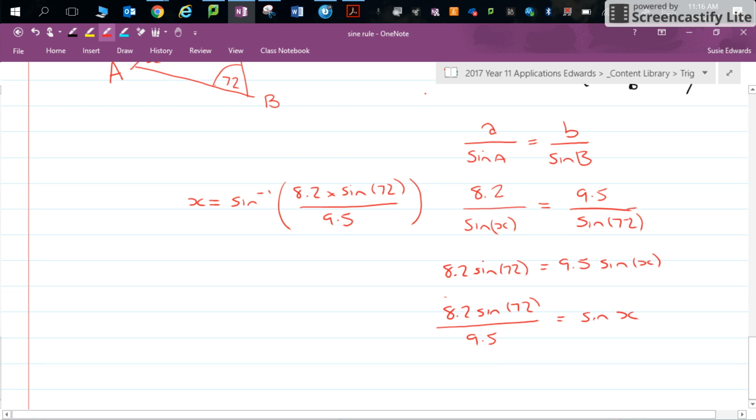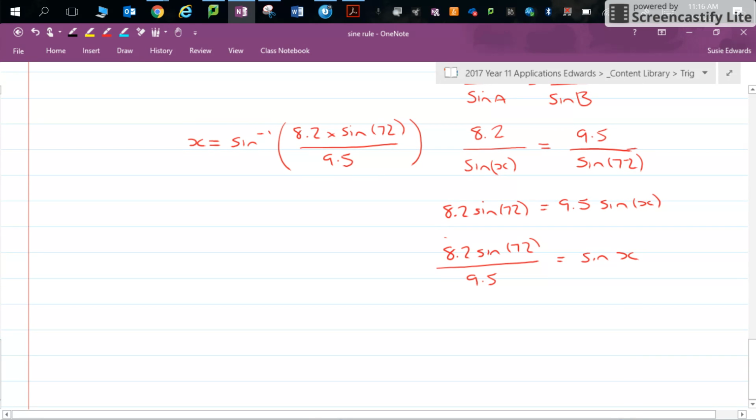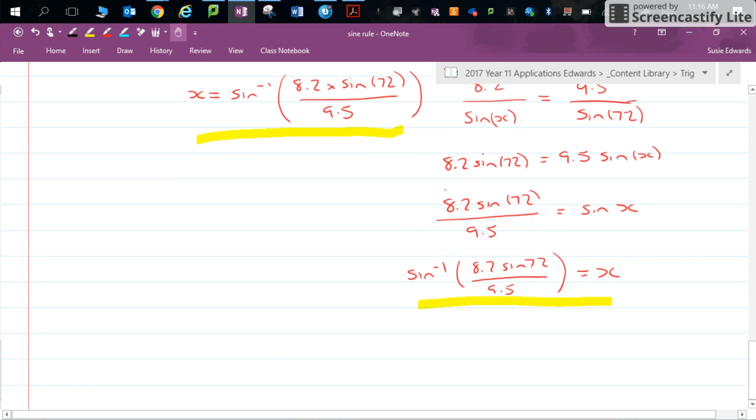Now, we don't want to find sine x, we want to find just x, so we're going to use inverse sine of 8.2 sine 72 over 9.5. And you can see now that our formula up here is the same as here when we've rearranged it.